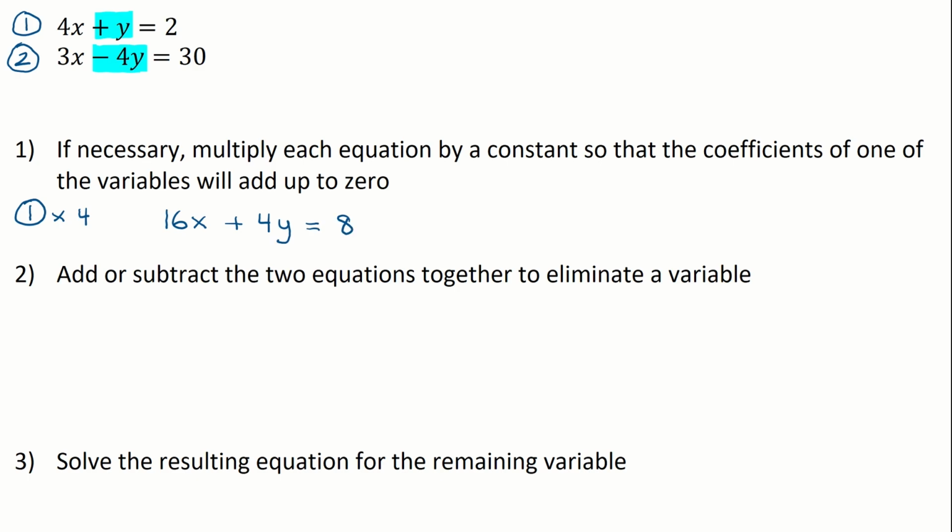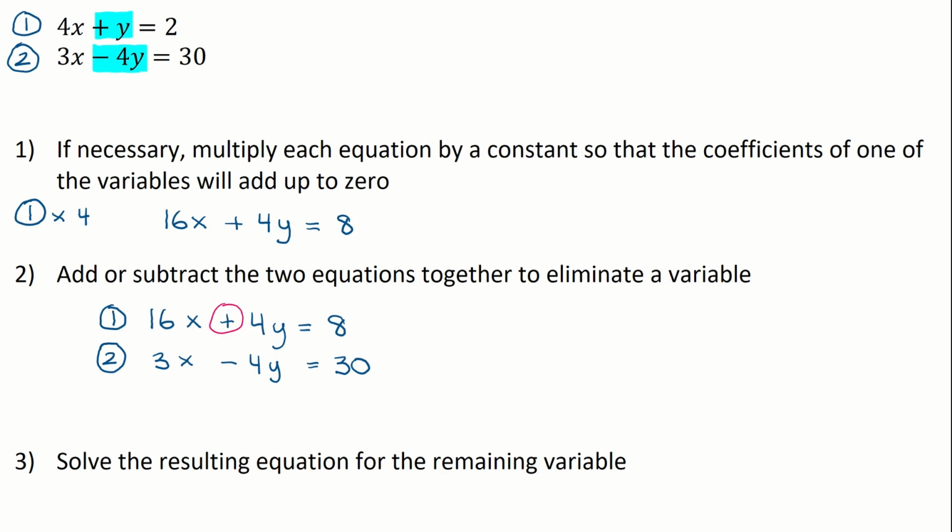Now I'm going to write these two equations, equation 1 on top of equation 2. And I'm going to ask myself, should we be adding these equations or should we be subtracting them?